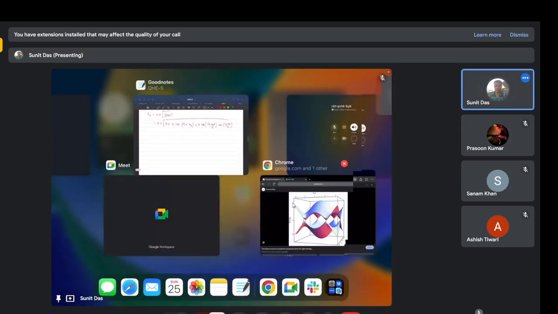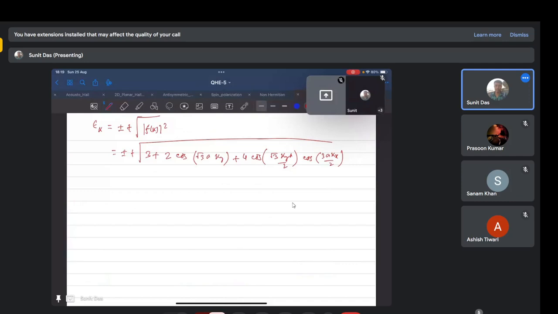Okay, so we had two bands here. At the K point, and let me write K_D just to differentiate from the small kx and ky, K_D and K_D prime mean Dirac points.